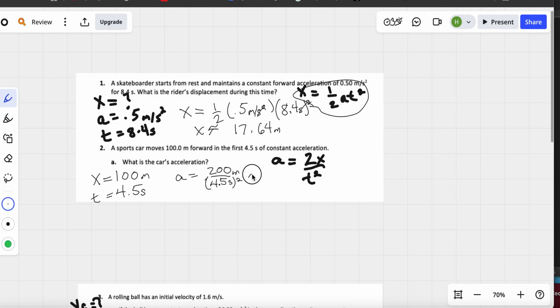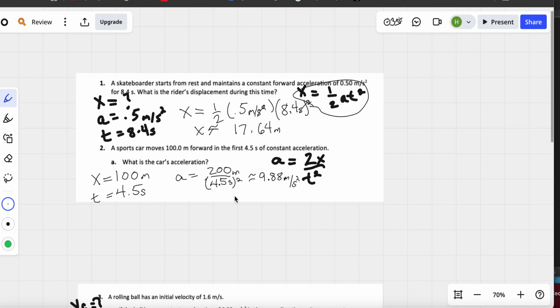And what that gave me was a number just about 9.88 meters a second squared. All right, so that's how we did that one.